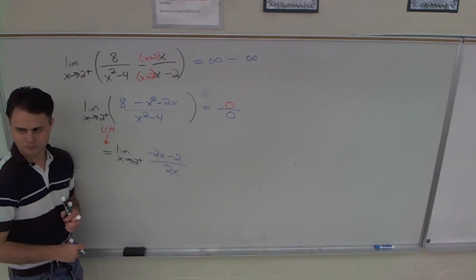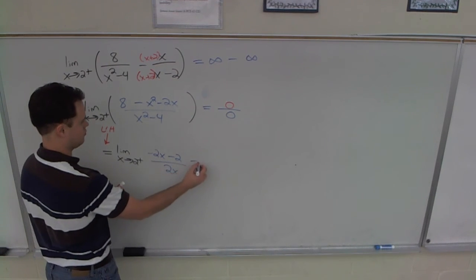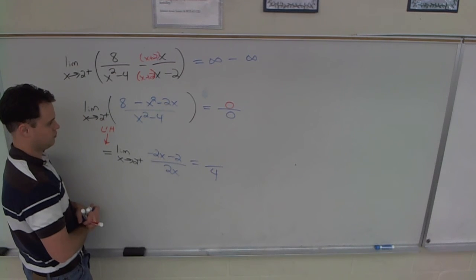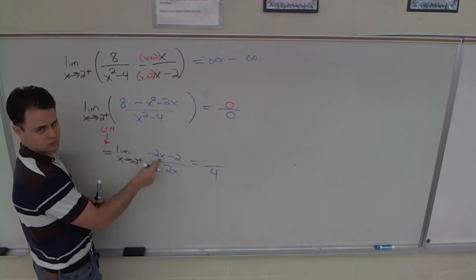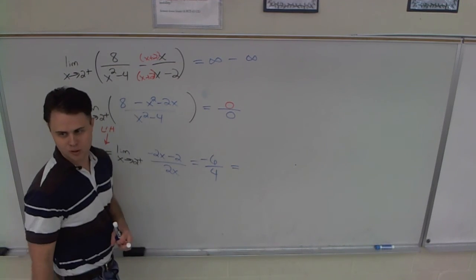That was easy. So now if we stick it in, we get 4 and negative 4 minus 2. That's a finite number, done.